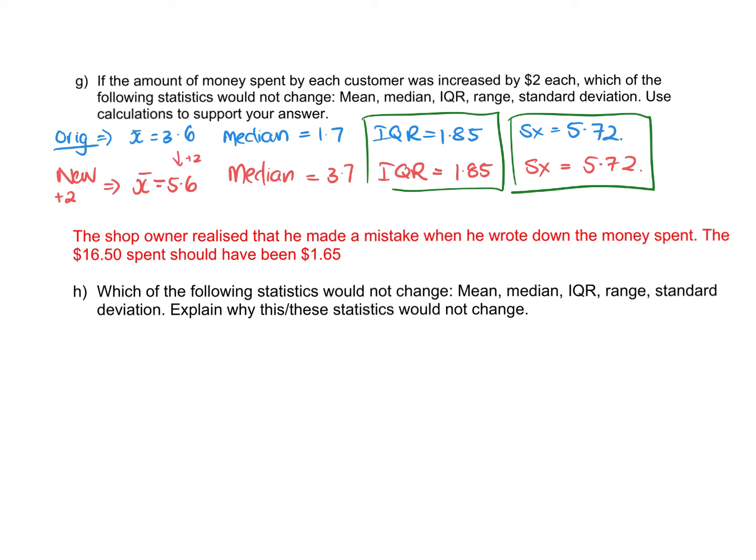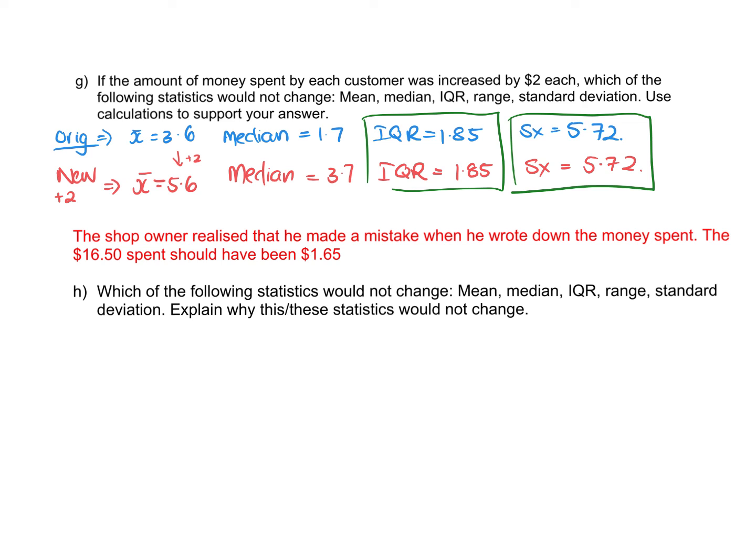That means the range is the same as well. Okay, so then in the next part, we call it H, they said that, all right, no, that wasn't the case. It was just that 1650 was incorrectly entered and we wrote $16.50. Okay, so when they said, what would change here? It depends on where that number falls back into the line.